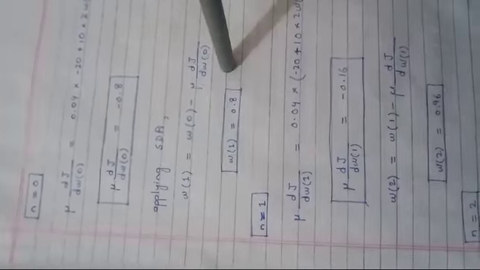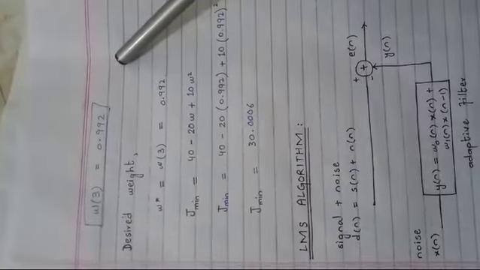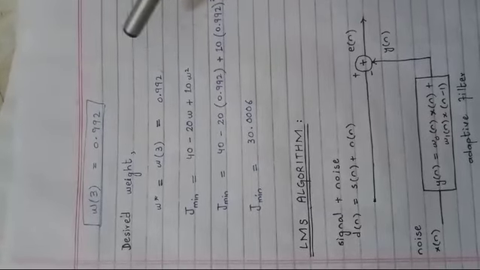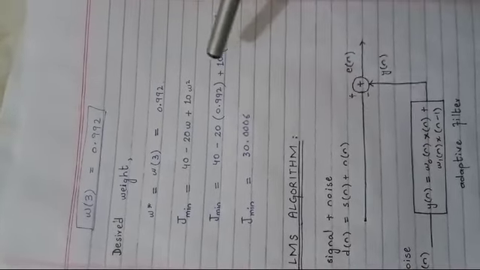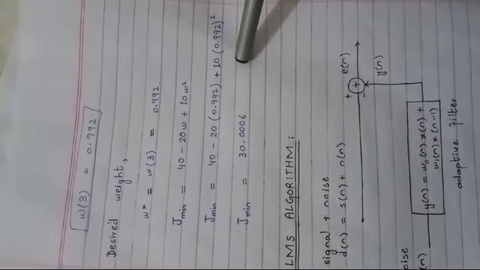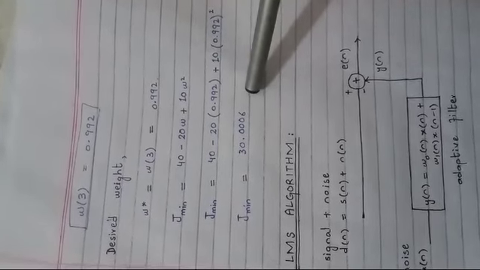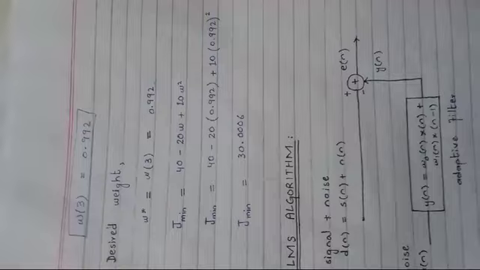Similarly, I have performed the next 2 iterations and calculated the updated coefficients, and after the third iteration I have got the value of the weight as 0.992. This is our desired weight, and by using this weight we will calculate the minimum j value, which is 30.0006.